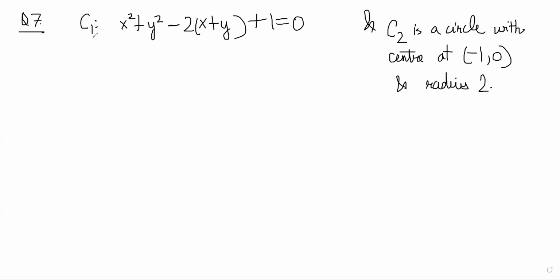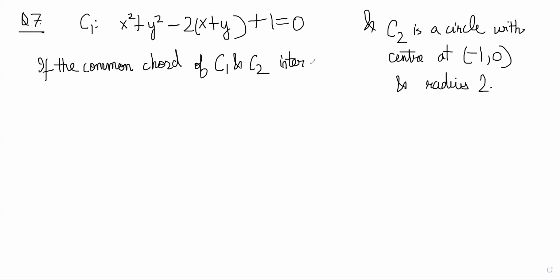If the common chord of C1 and C2 intersects the y-axis at P, find PC1 square, the distance between P and C1 whole square, right?